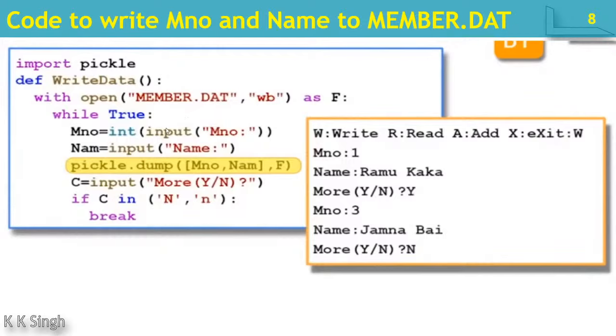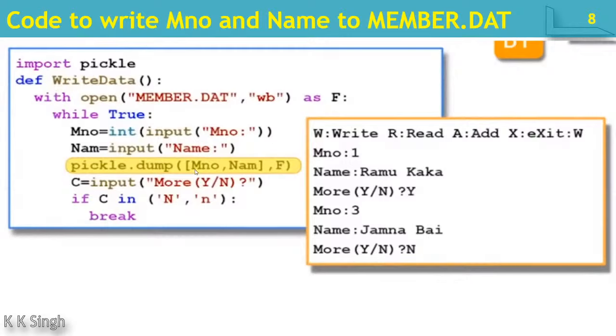This process continuously takes information from the user. I am taking member number like mno equal to int input mno, and name as input name, and after taking the values of member number and name of the member, we are dumping this information onto the file in the form of a list.